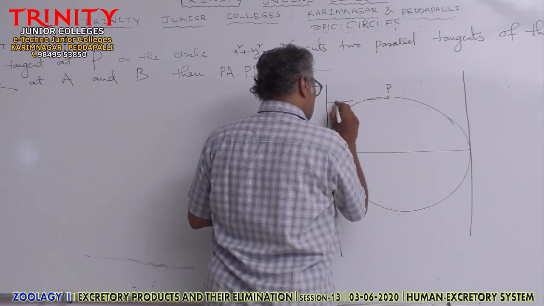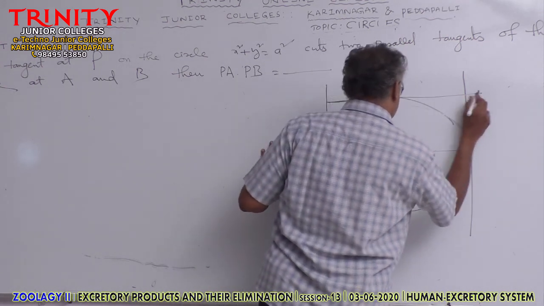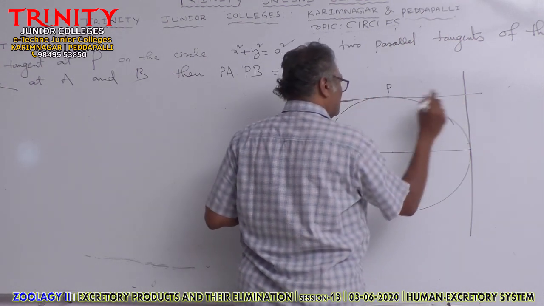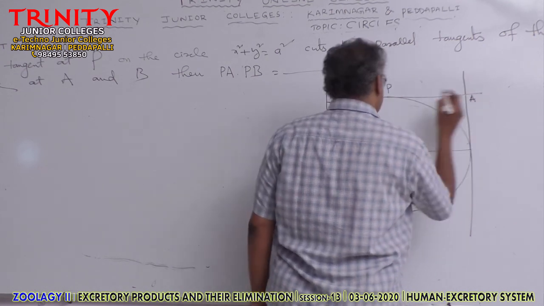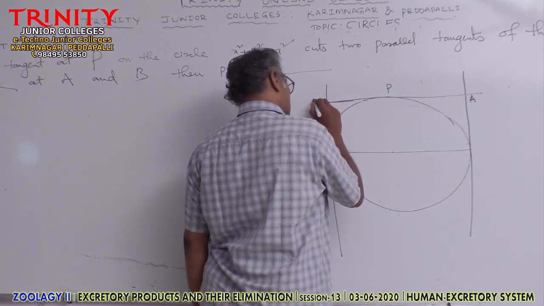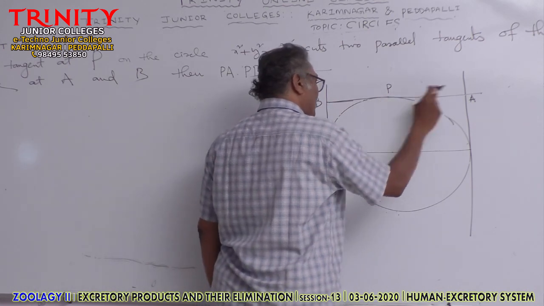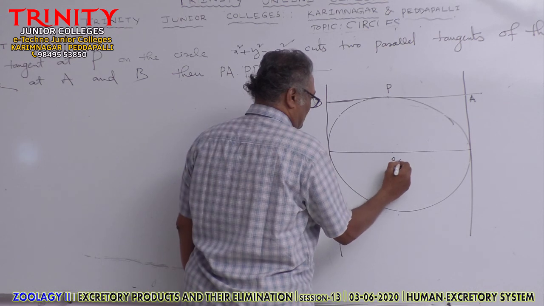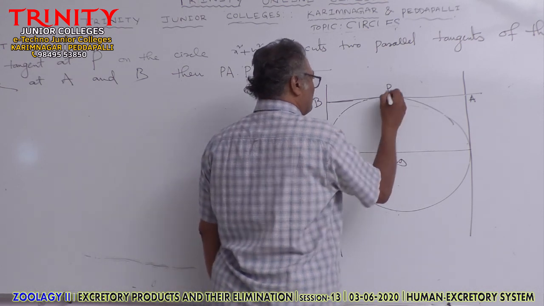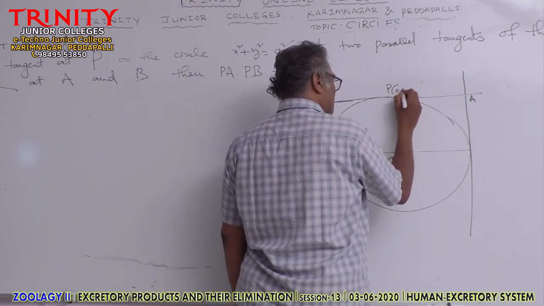The tangent at the point P intersecting the parallel tangents at A and B. Then PA into PB. It is (0, 0). Coordinates of this point (0, a).